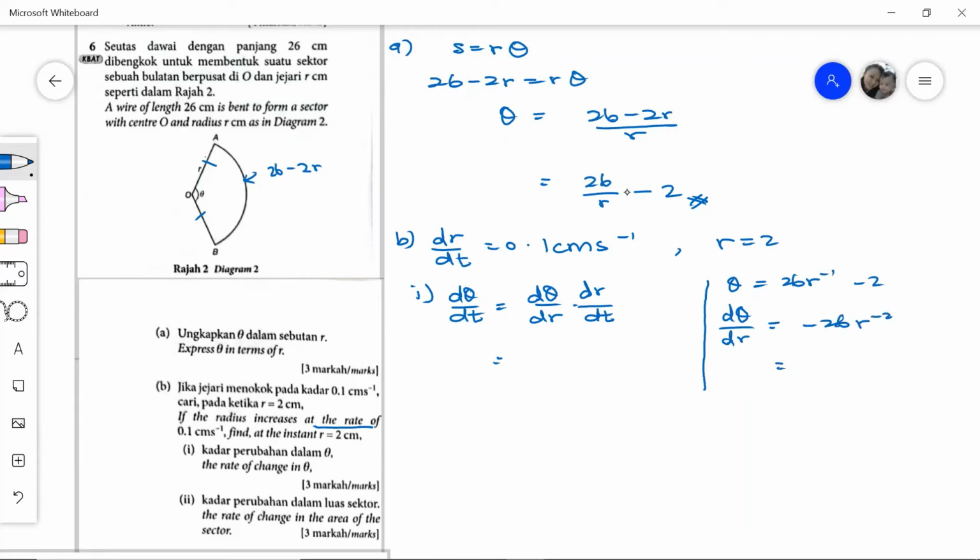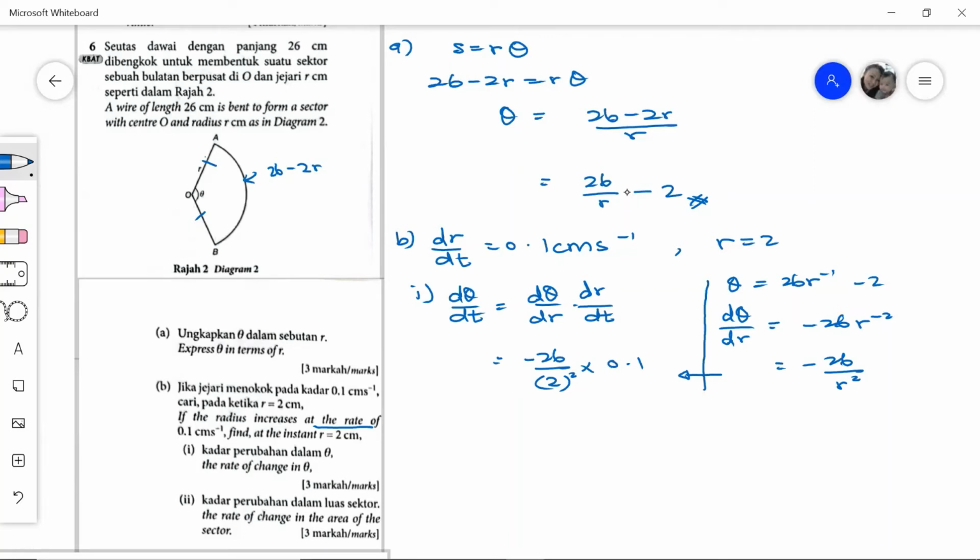Okay, let's write properly, negative 26 over r squared. So use this and put it in our d theta by dt. So d theta by dr will be negative 26 with the specific value of r, which is 2, squared, times dr by dt, 0.1 cm per second.